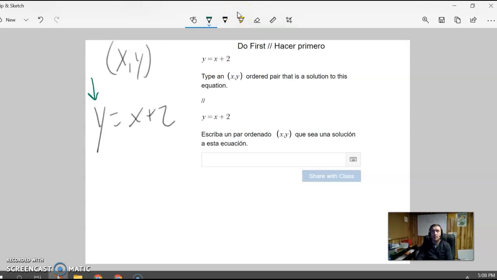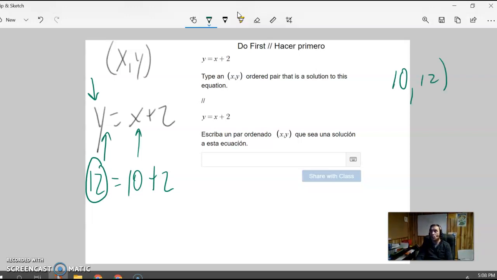If I put some number here, what has to go here to make it true, or vice versa? So I'm going to just put 10 right here. If I put a 10 in for x, what's 10 plus 2? Well, 10 plus 2 is 12. So this 12 could be for y, and the 10 could be for x. So that point 10, 12 could work in this equation.